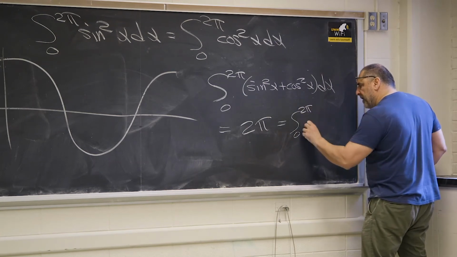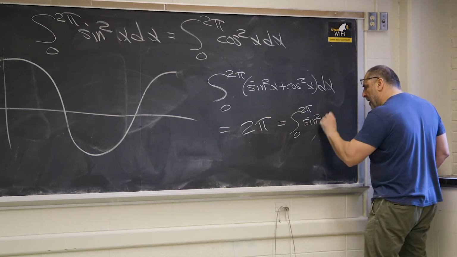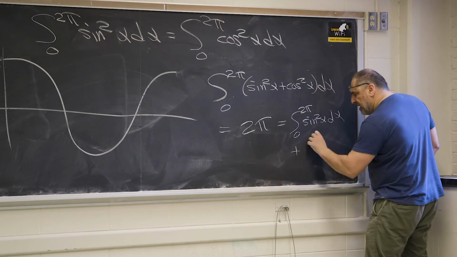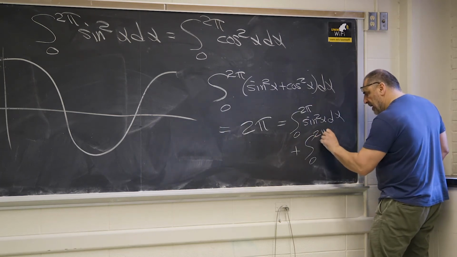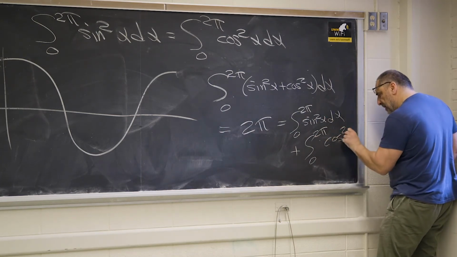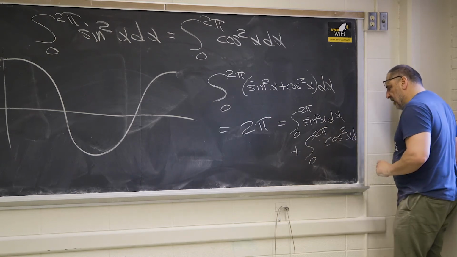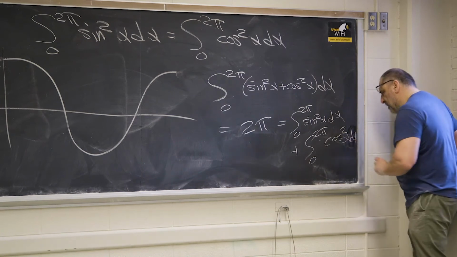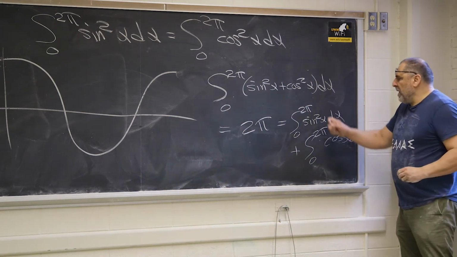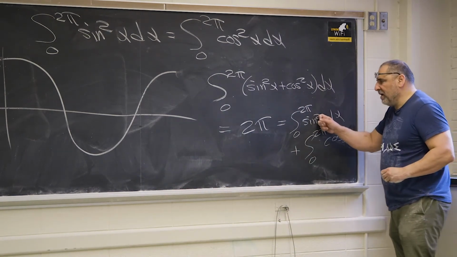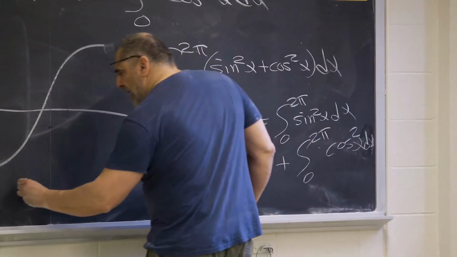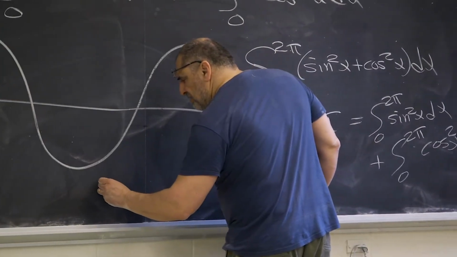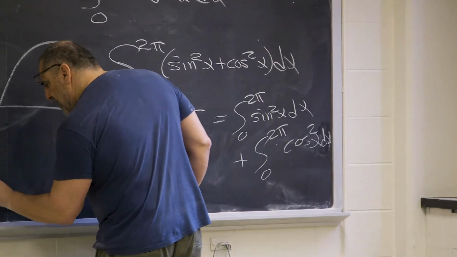There's no short way to do this sometimes. You gotta kind of grind it out. It's equal to this plus this. These are equal. What does that mean? That means 2 pi.